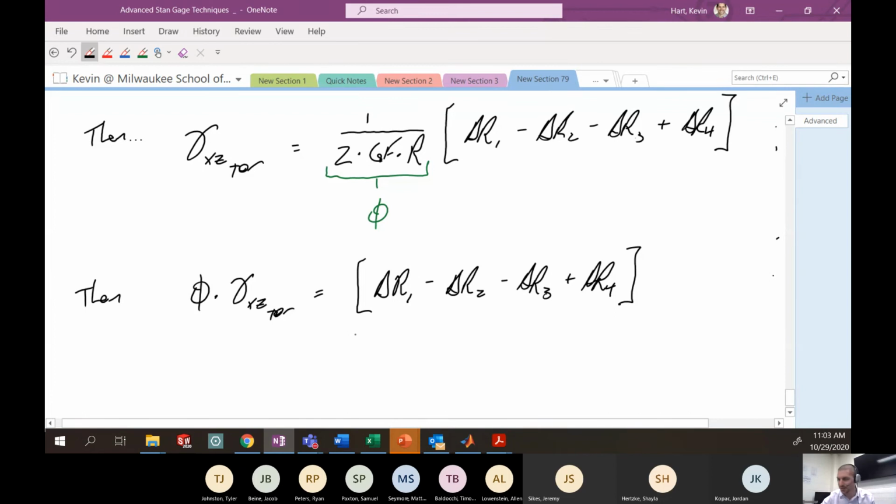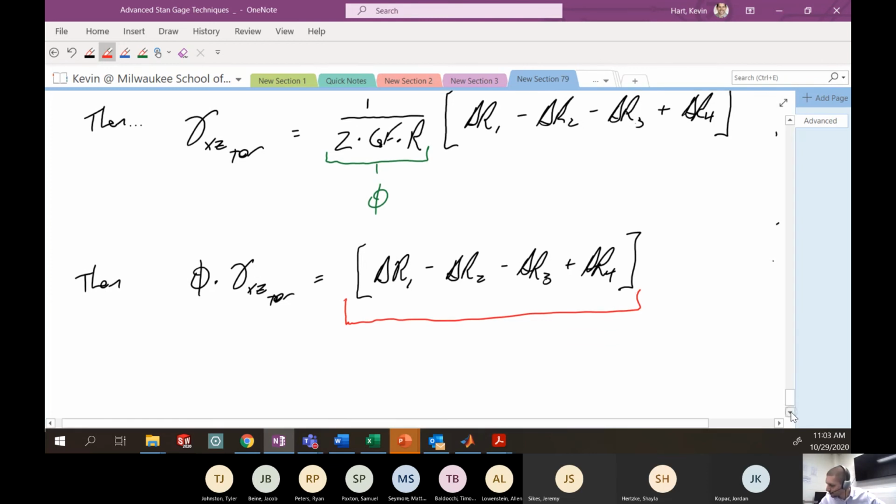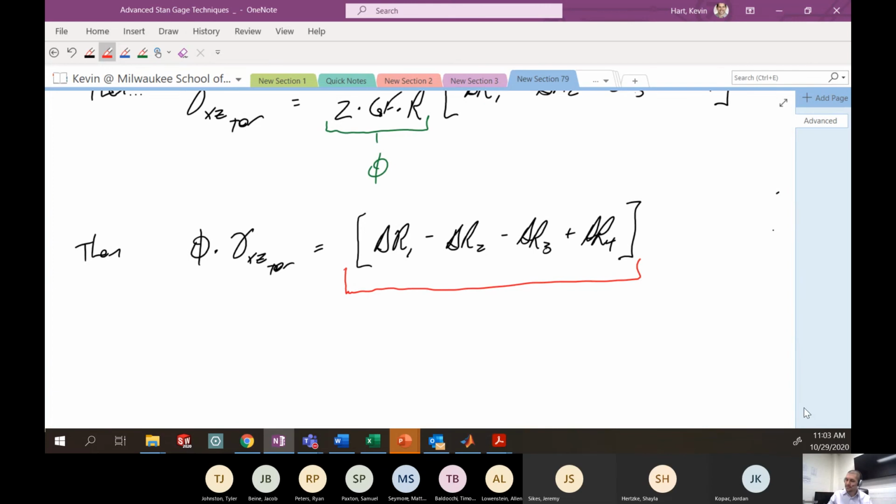Now I want you to think back to your circuits class and think back to equivalent resistances for circuits. This here is like a series of resistances of some circuit. Hopefully you talked about parallel circuits, series circuits, how they add together or subtract. So the question then is, can we wire up our gauges in a certain way so that we read one change in resistance which has an effective resistance that's equal to this?